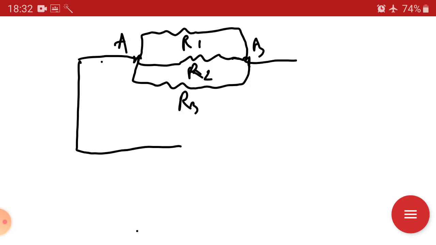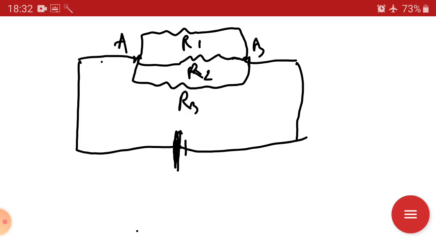Let's say these three resistors are connected in a circuit to a battery or cell. As you can see, the longer line represents the positive terminal and the shorter line represents the negative one. So it's a cell; a combination of cells is called a battery.